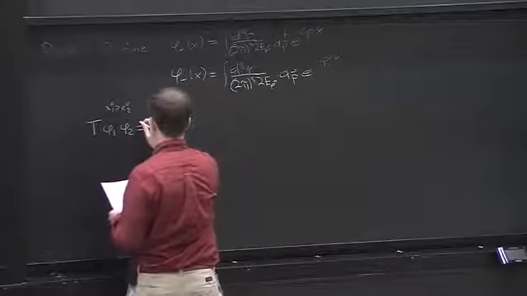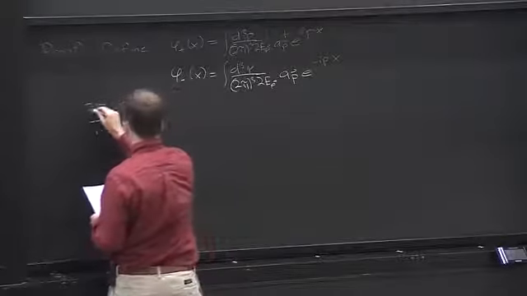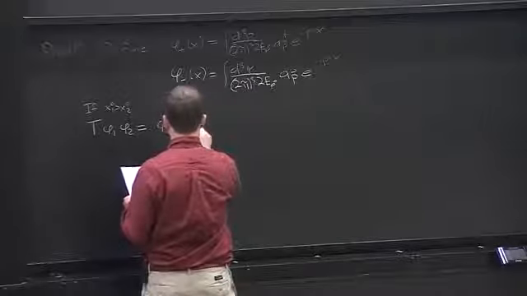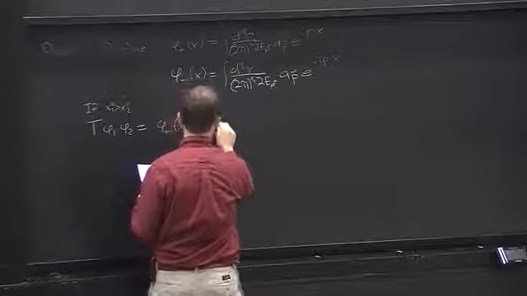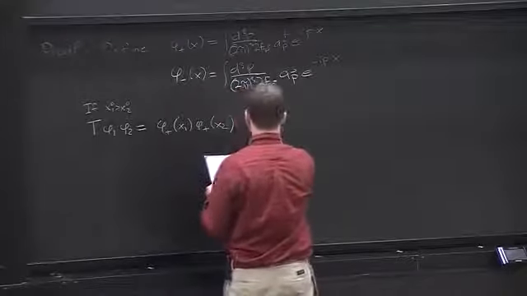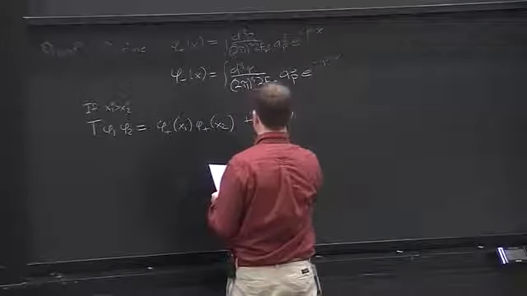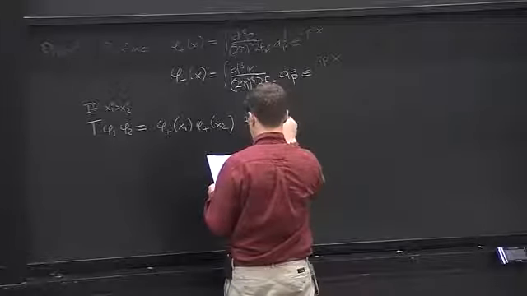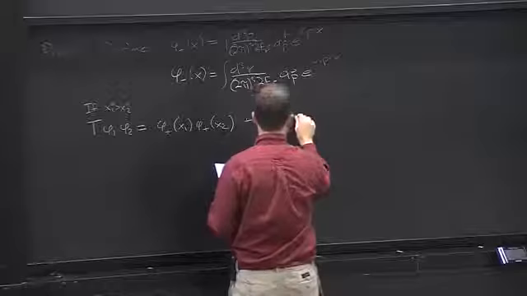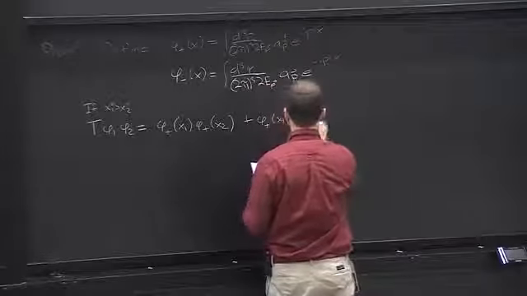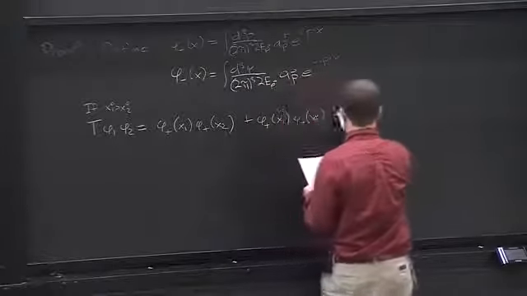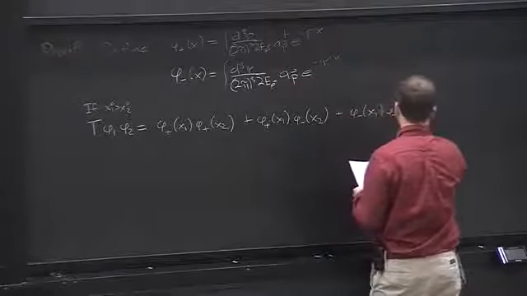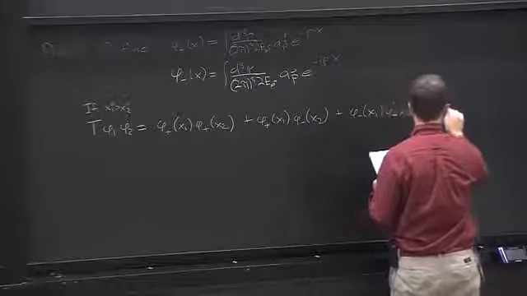So in that case, if we expand this out, we get phi plus of x1, phi plus of x2, phi plus of x1, phi minus of x2, phi minus of x1, phi plus of x2, and phi minus, phi minus.